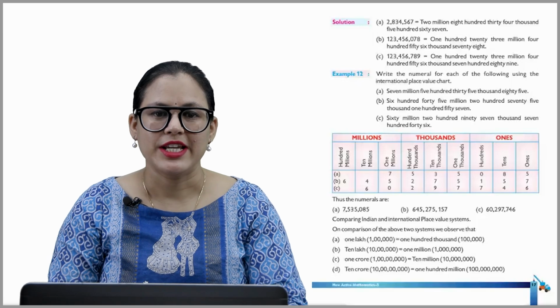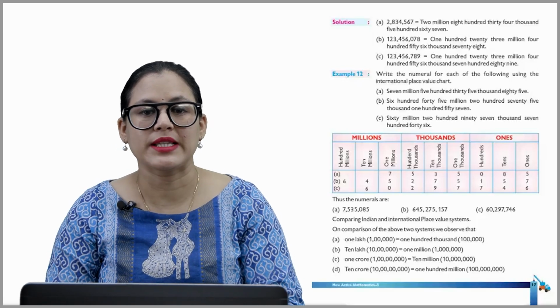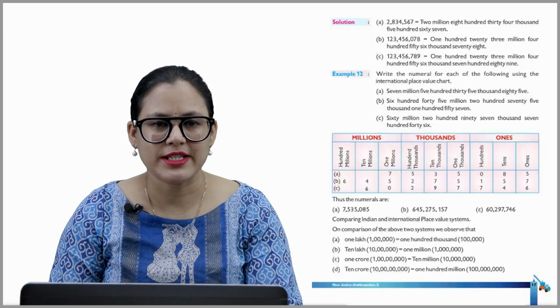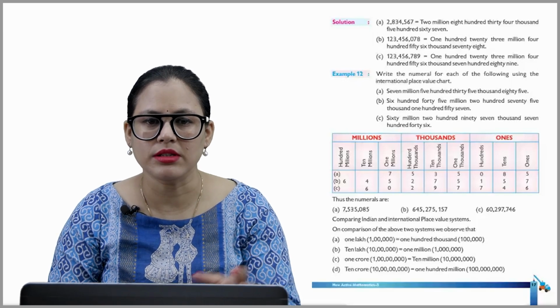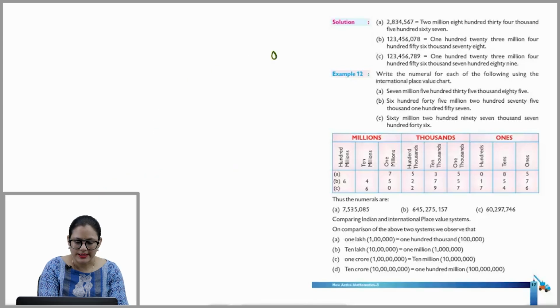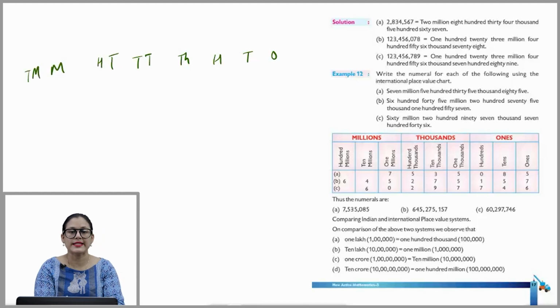Example 12, write the numeral for each of the following using the international place value chart. So what we have first, 7,535,085. Ones, tens, 100, 1000, 10,000, then 100,000, million, and 10 million. So we have 6 million. So we will write 6 here, 535,000.